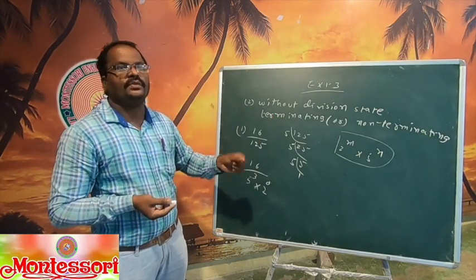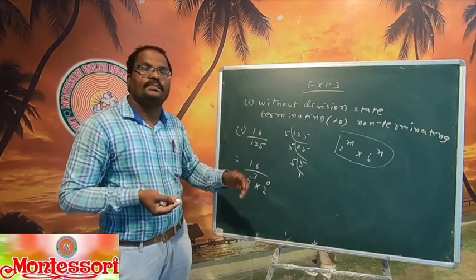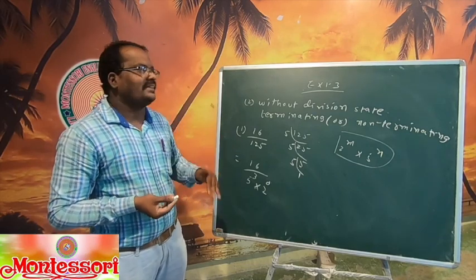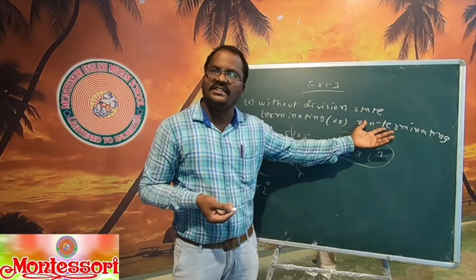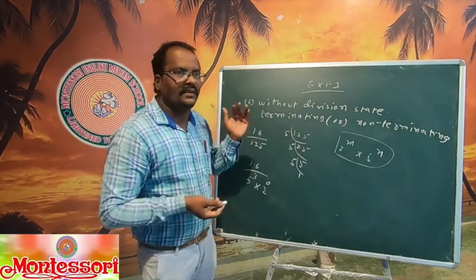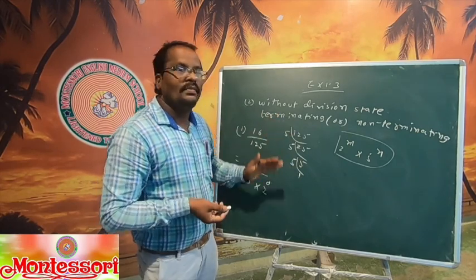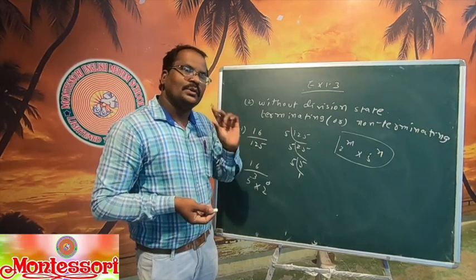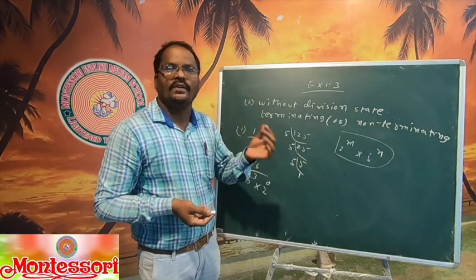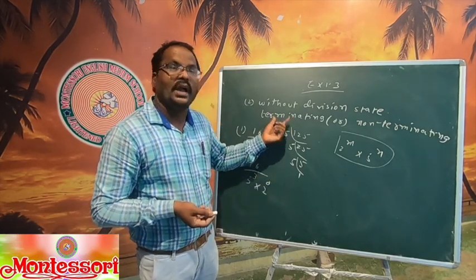If the denominator has other factors, like 3 factors or 7 factors, in such cases you say it is non-terminating. Once again, whenever the denominator is given in a fraction, first of all you find the factors. If they have only 2 factors, or only 5 factors, or both 2 and 5 factors, in such cases it is always called terminating.